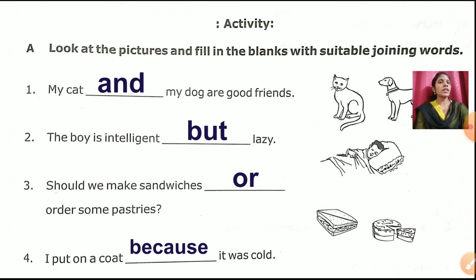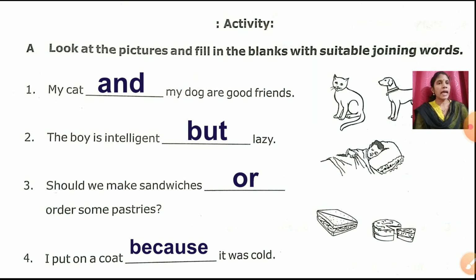Now, when are we supposed to use "because"? That means if you want to give a reason. When you want to talk about the reason why you are putting on a coat. Because it was cold.